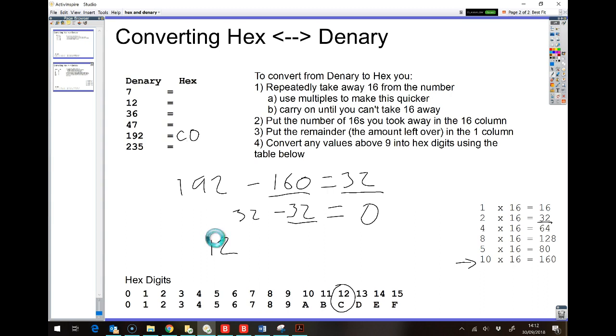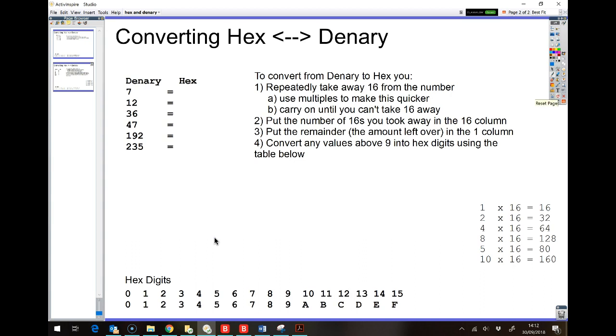Okay, so let's go for a real bad boy now. We've got 235. So I'm going to do this step by step. I'm going to say 235 and I'm going to take away 160 because it's a nice easy multiple to take away.